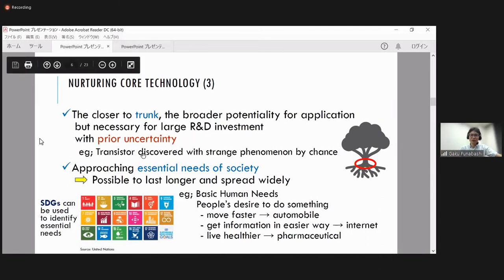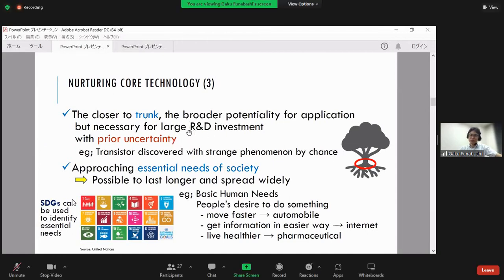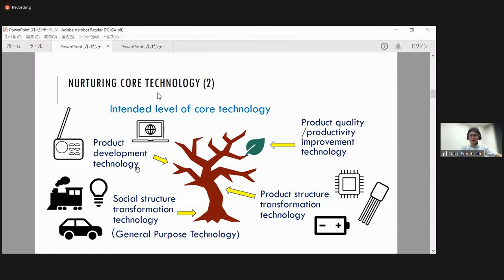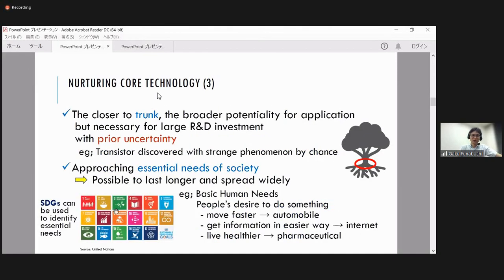That is why usually for fundamental research, only large enterprises can do it. But for applied research, even medium-sized or small-sized enterprises can do it. So if your company's organization is not too large, you can think of how to implement, how to improve this fourth level of technology or third level of the technologies.